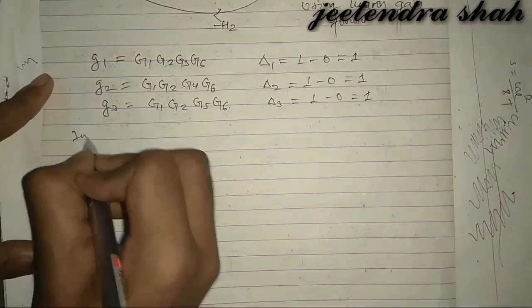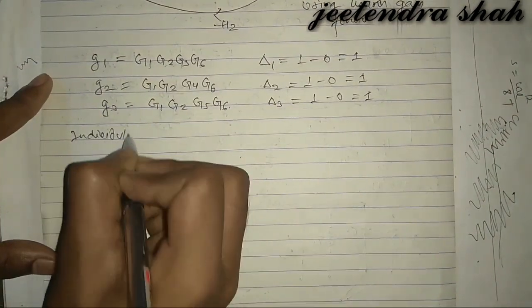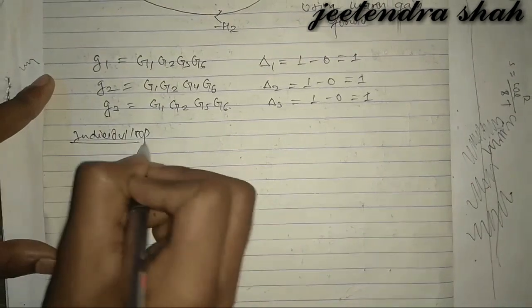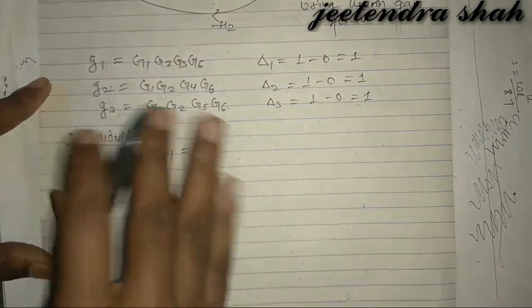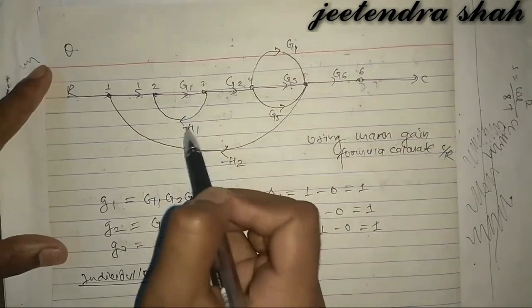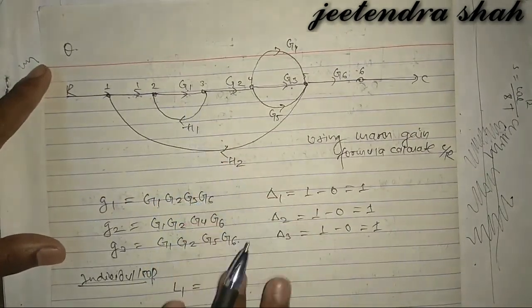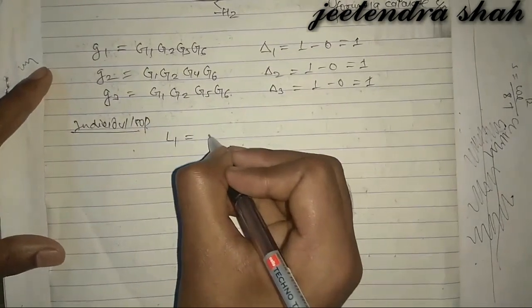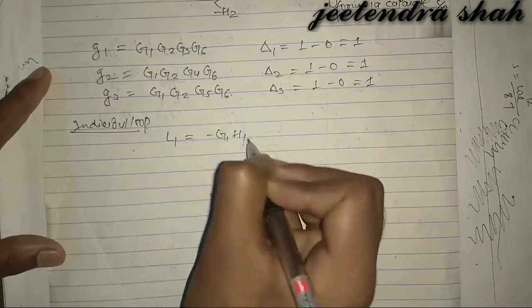Now individual loops. Since we have one individual loop here, G1 and S1, we have L1 equals minus G1 and S1.